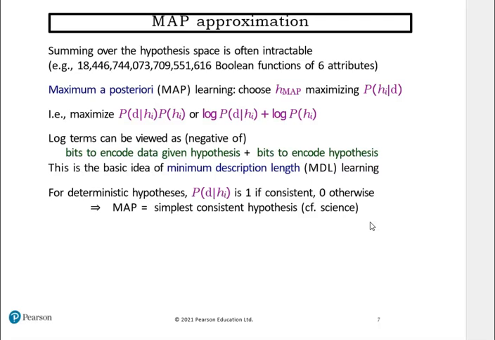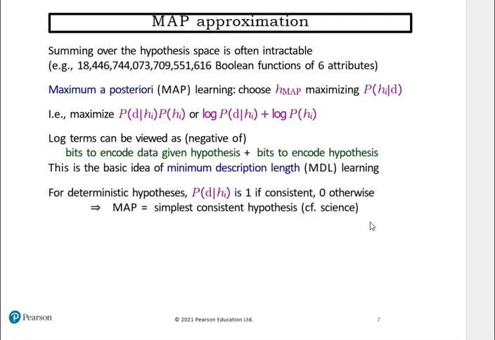And to avoid overfitting, so overfitting happens essentially when the hypothesis space is too expressive, that is, when it contains many hypotheses that fit the data set well. To avoid overfitting, Bayesian and MAP learning use the prior probability to penalize complex hypotheses.